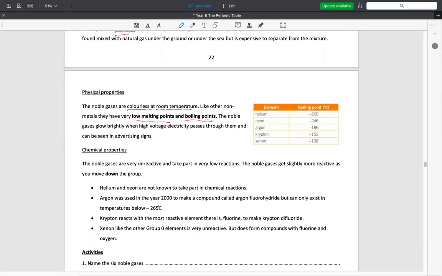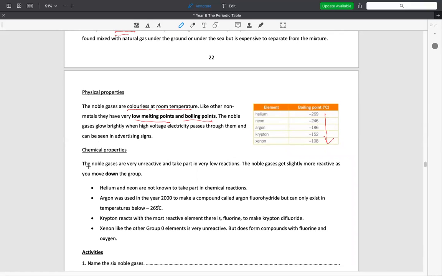And they're quite unreactive, I would say. There's not a really big difference between them, but the boiling point does increase slightly as we go down the group. And the noble gases also glow brightly when high voltage electricity passes through them, and this is why we can see them in the advertising signs.